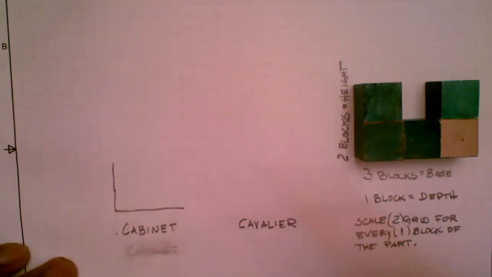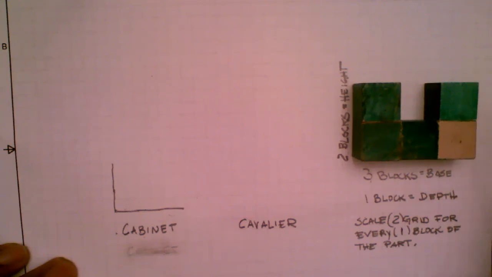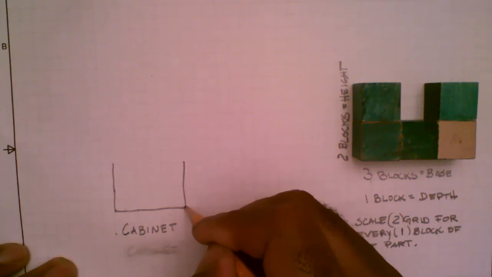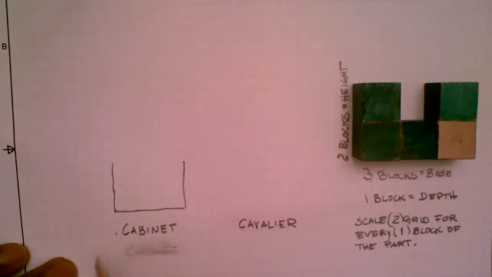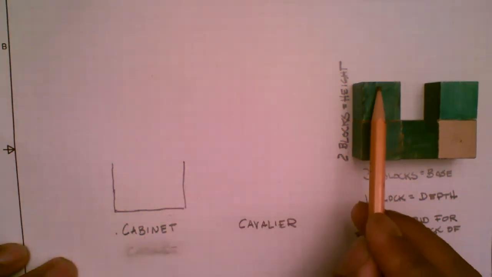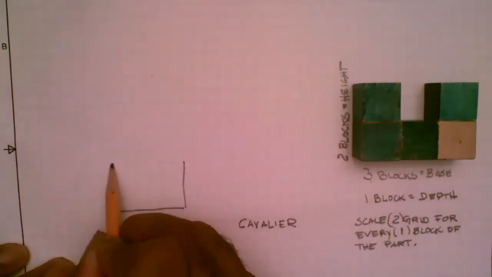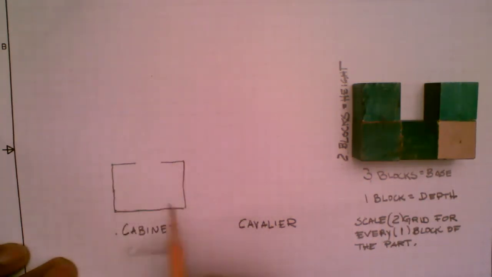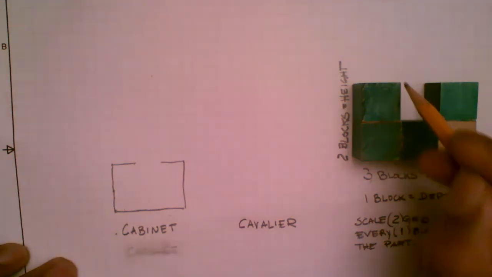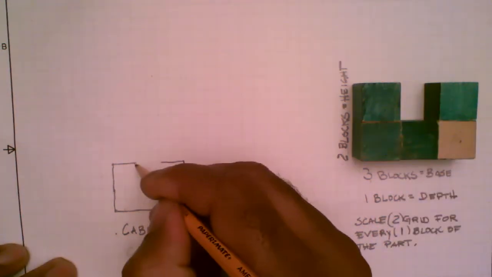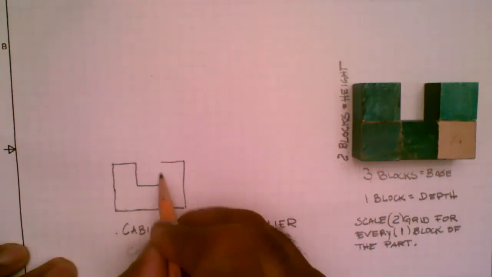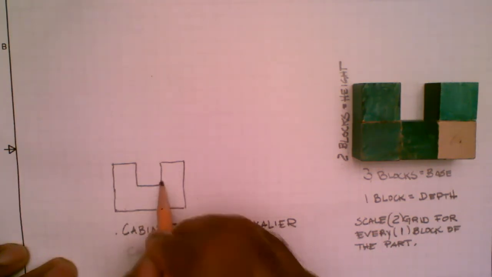If this line is 4, that means this line over here of the part would be 4. There's one block here, 1 times 2 is 2, so 2 grids. 1 block down, so 1, 2. You can kind of see the pattern that's happening here.